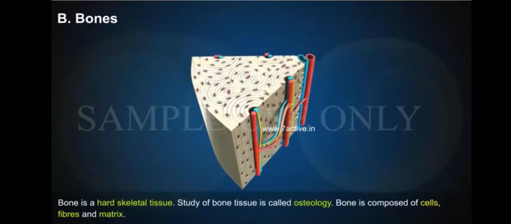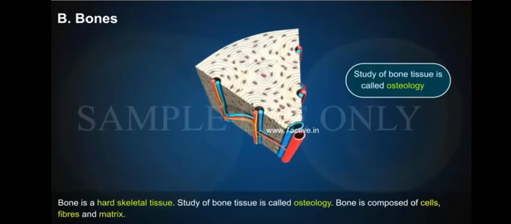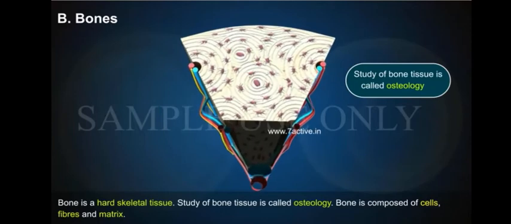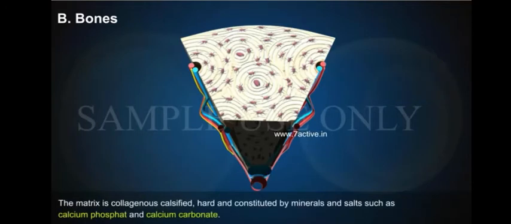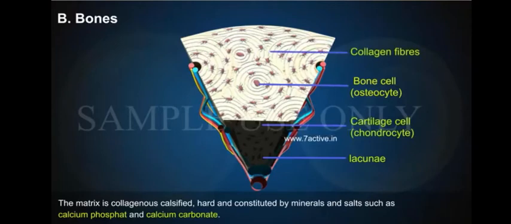B. Bones. Bone is a hard skeletal tissue. Study of bone tissue is called osteology. Bone is composed of cells, fibers and matrix. The matrix is collagenous, calcified, hard and constituted by minerals and salts such as calcium phosphate and calcium carbonate.